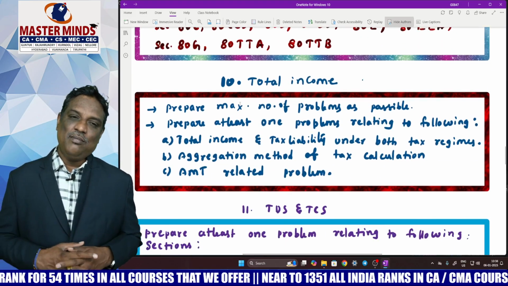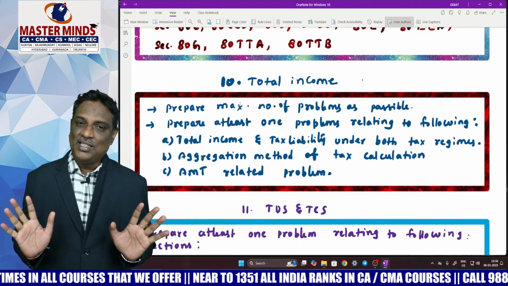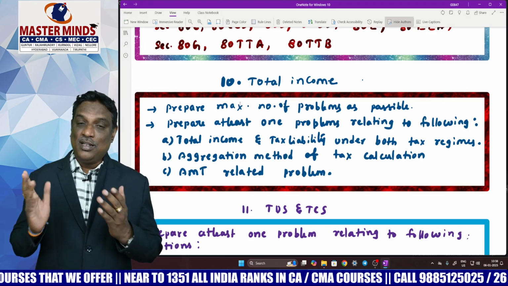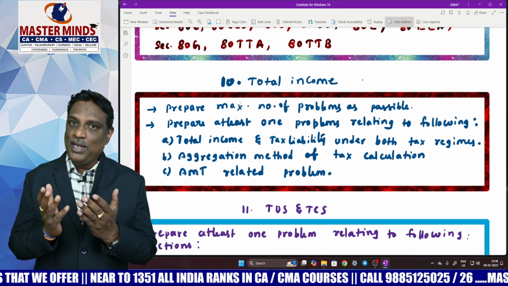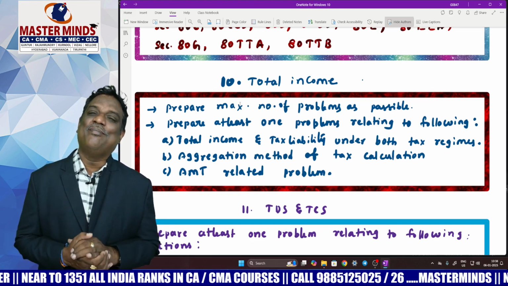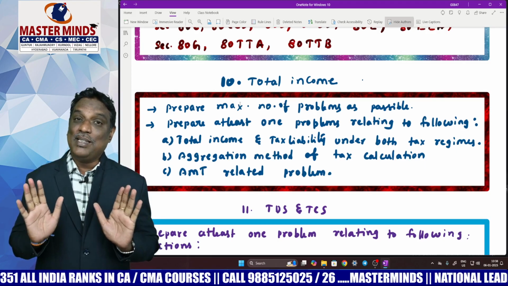So next one, total income. My dear students, I don't want to suggest anything from this chapter because it is too important. When you open your exam paper, the first question itself is from total income. It carries 15 marks weightage. It is mandatory, compulsory, there is no choice.